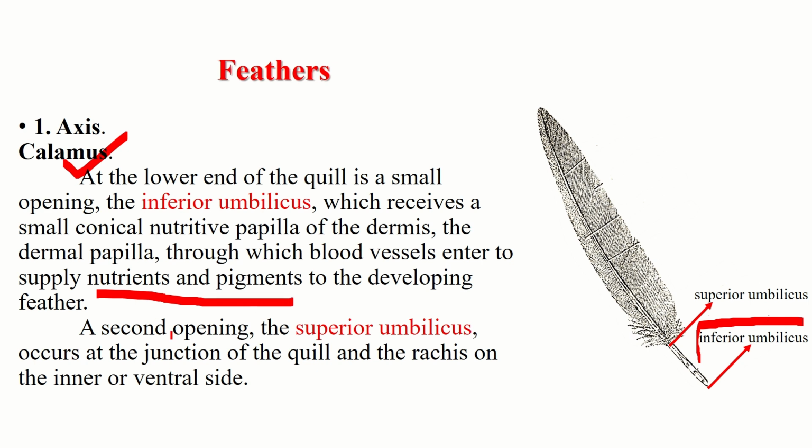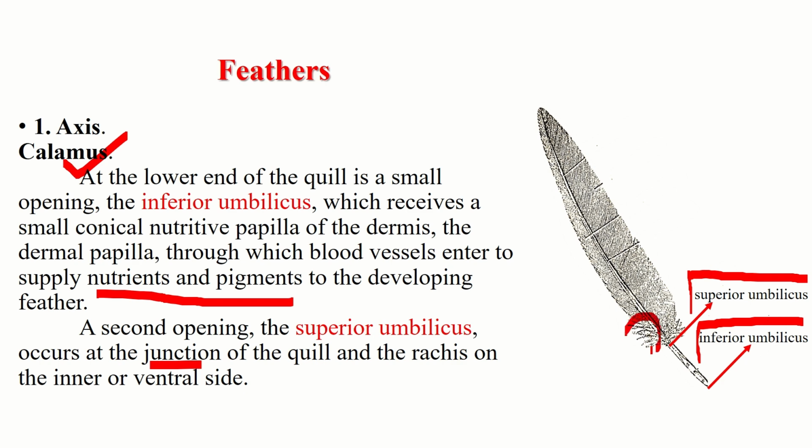A second minute opening, the superior umbilicus, occurs at the junction of the quill and the rachis on the inner or ventral side. In some pigeons, a small tuft of soft feathers called the after-shaft or hyporachis arises near the superior umbilicus and covers it.